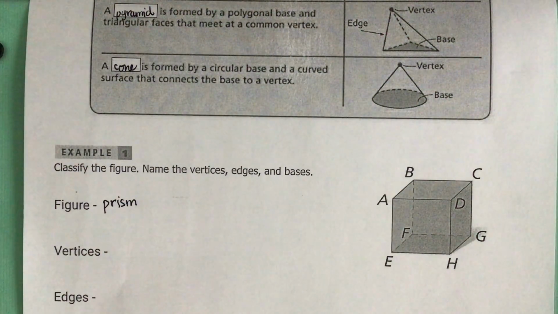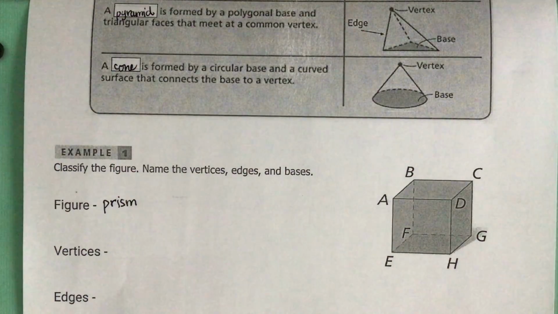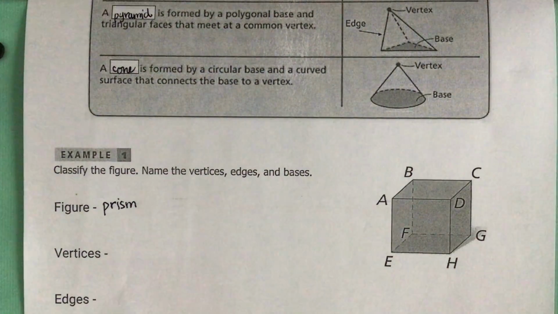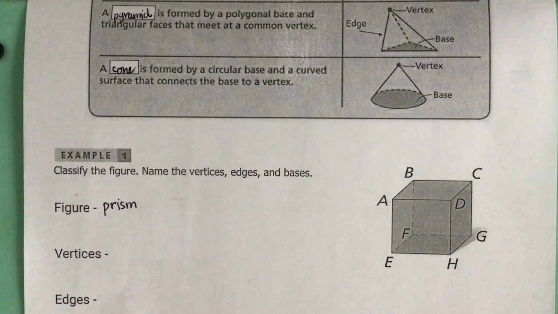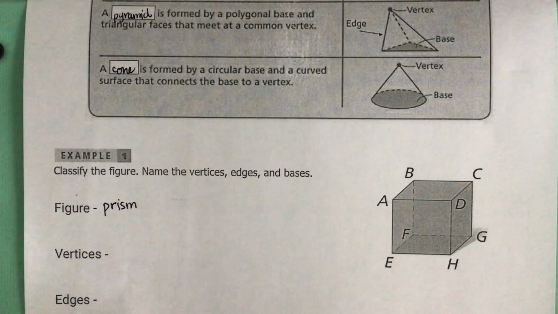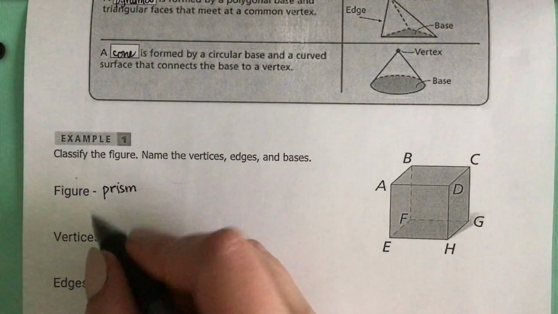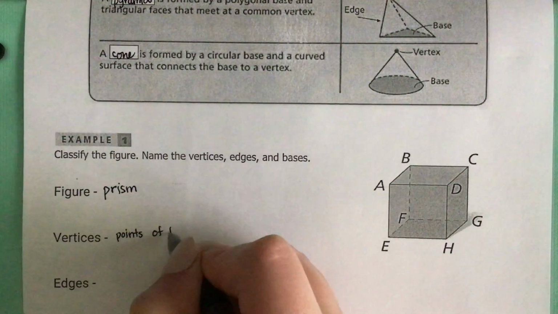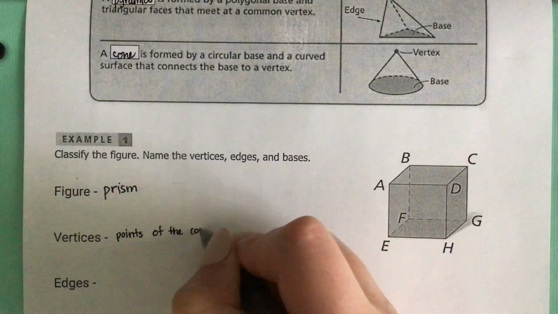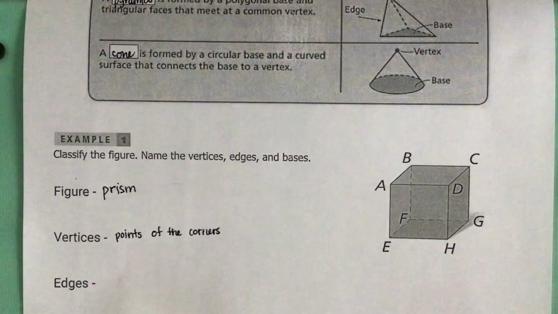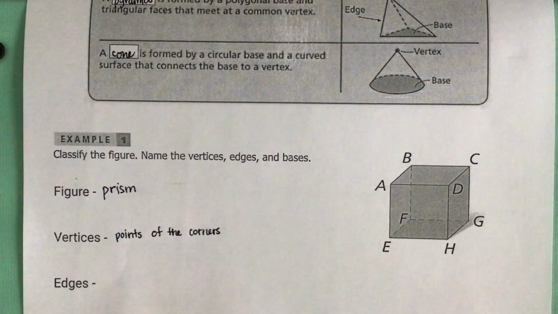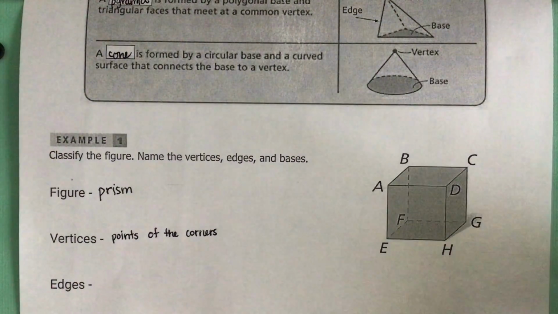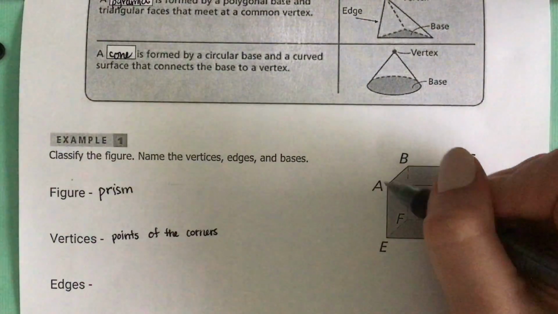Now the vertices of any 3D solid are kind of like the corners or the points of the edges where they meet. So vertices are points of the corners, basically. Now, if we are to name these from this prism right here, we need to name all of the corners, and we're going to name them by the point that is at it.